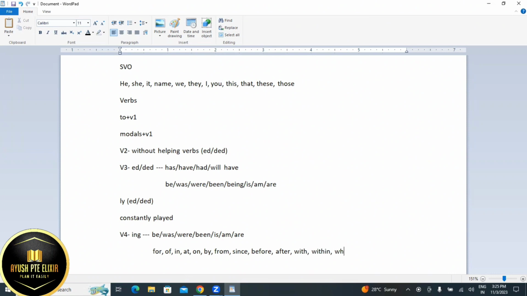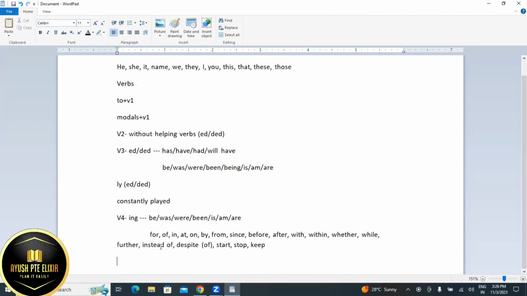Then some of the conjunctions as well, like whether, while, further. Then instead of, they always carry the fourth form, I mean ing. Despite of, despite of, both of them can be used. So let me put a bracket. And some of the verbs are also there, like start, stop, keep.